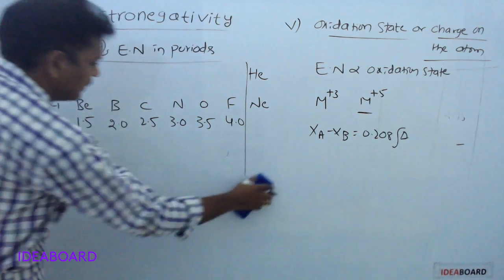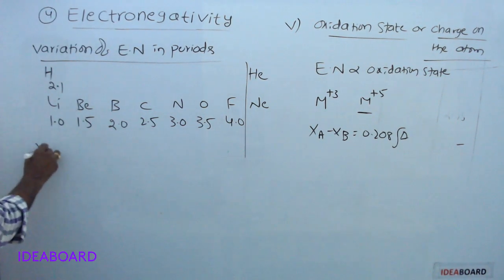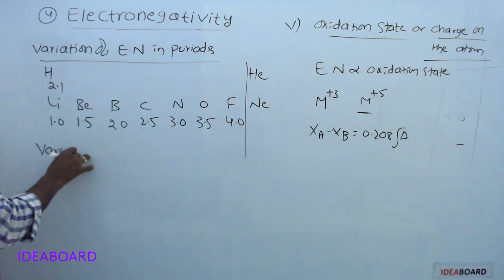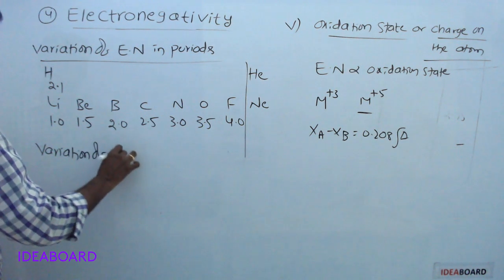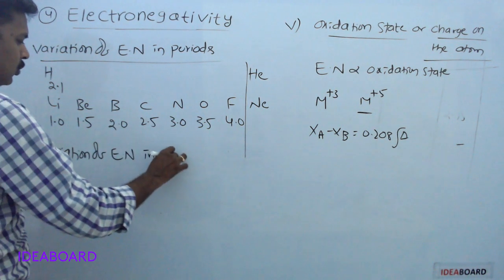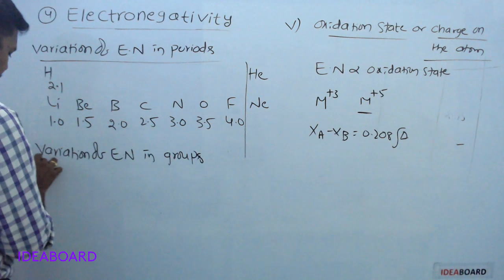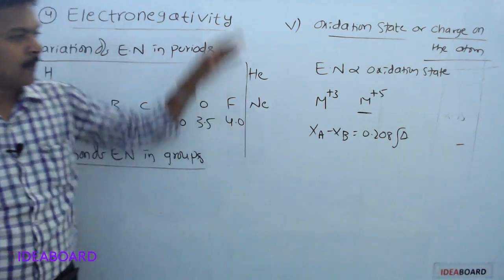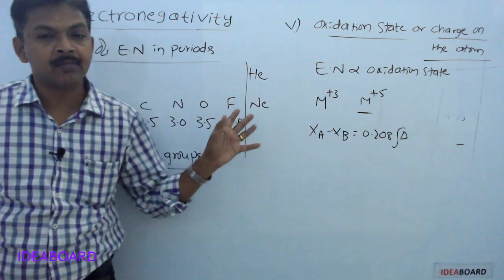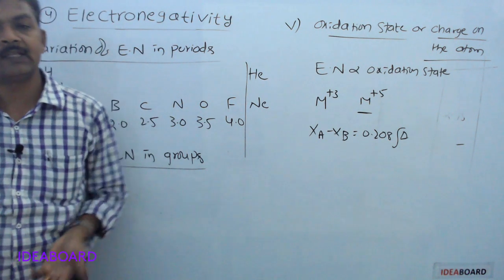Next, variation of electronegativity in groups. In groups, top to bottom, as the atomic number increases, atomic size increases.